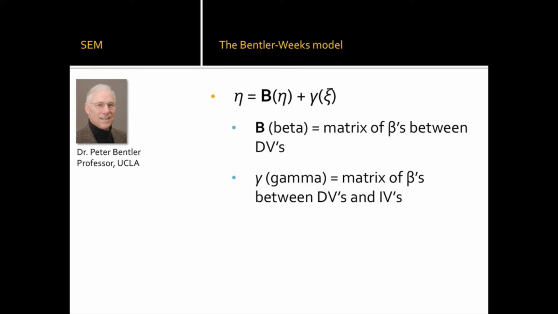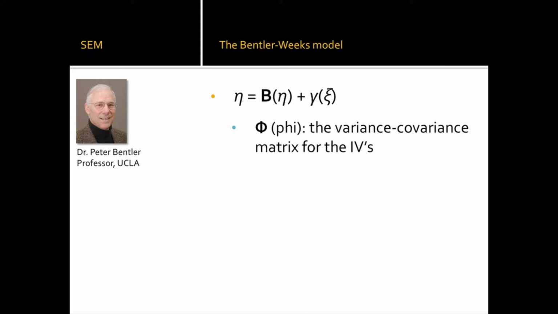But then we have another matrix of betas, and that one is called gamma. So I don't know. I would have probably named these like the first beta matrix and the second beta matrix, but maybe that got confusing when Peter was creating this model. We could ask him. But anyway, we have the beta and gamma matrices, and those are filled with betas of various kinds.